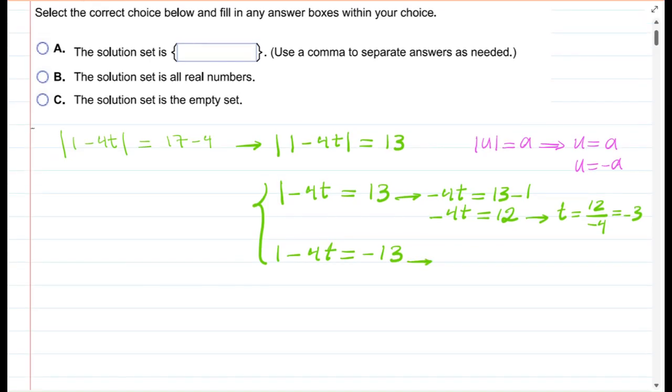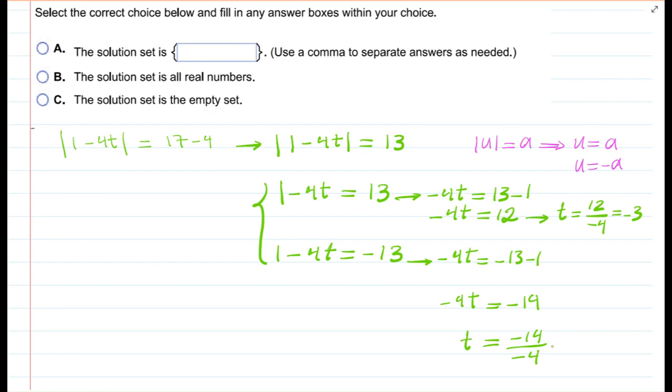From the second equation, 1 minus 4t equals negative 13. Again, we subtract 1. So we have negative 4t equals negative 13 minus 1. So negative 4t equals negative 14. Again, we divide both sides by the coefficient of t, which is negative 4. It becomes negative 14 divided by negative 4.